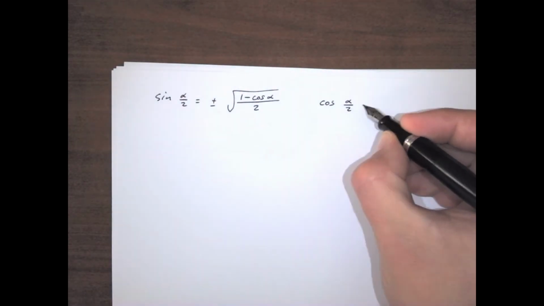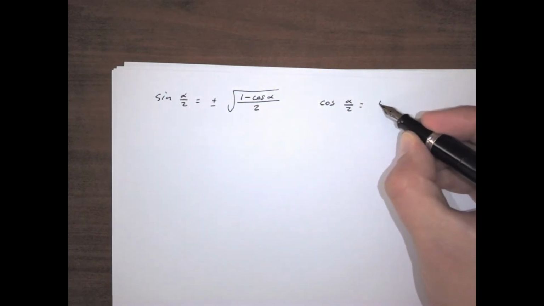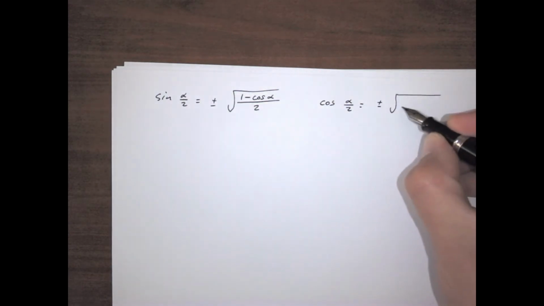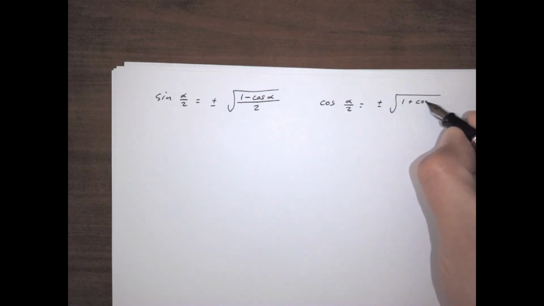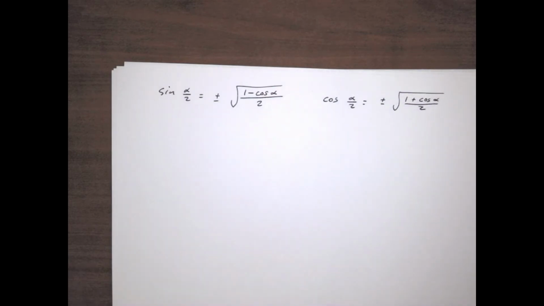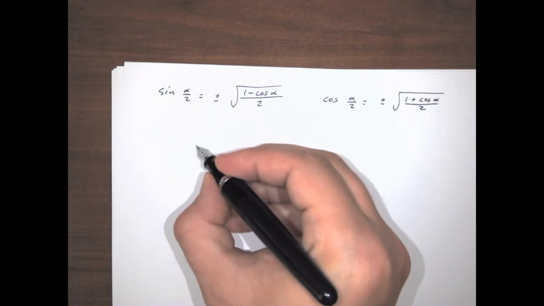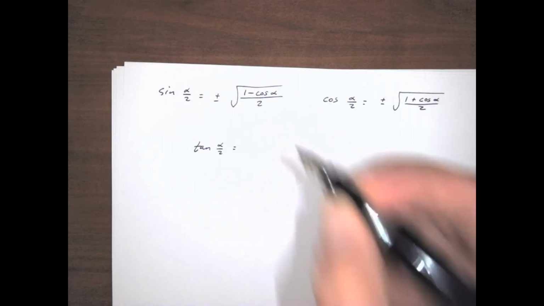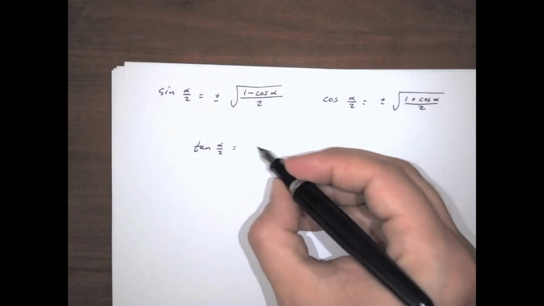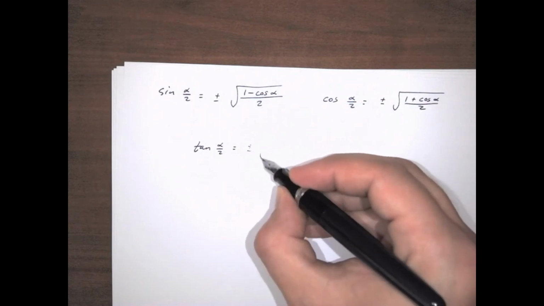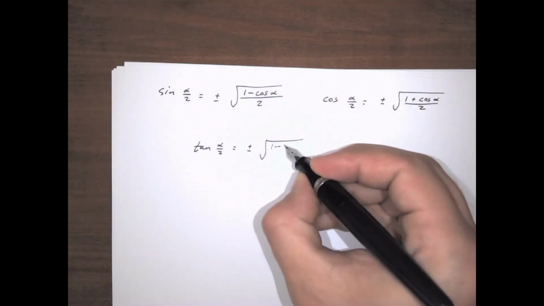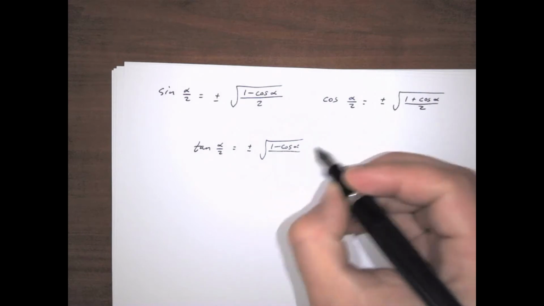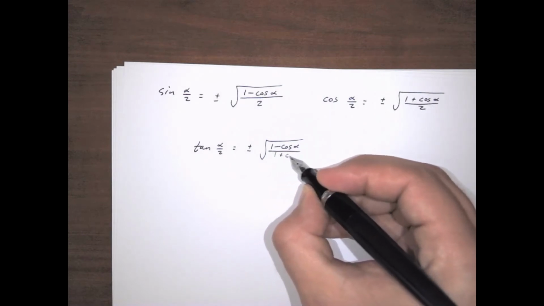Cosine alpha over 2 is equal to plus or minus square root of 1 plus cosine alpha over 2. And then if I divide them and simplify, I would get plus or minus square root of, the top would be 1 minus cosine alpha, the bottom would be 1 plus cosine alpha.